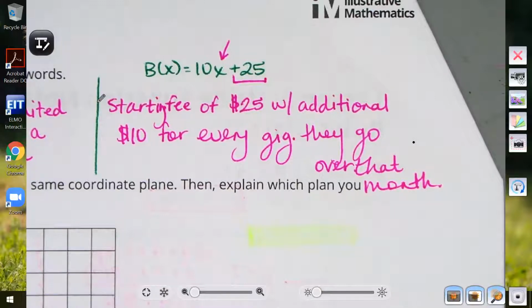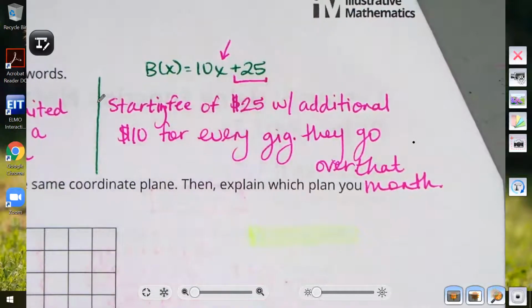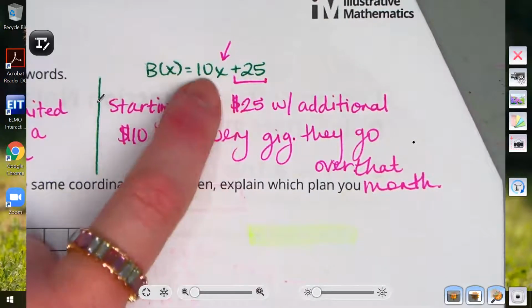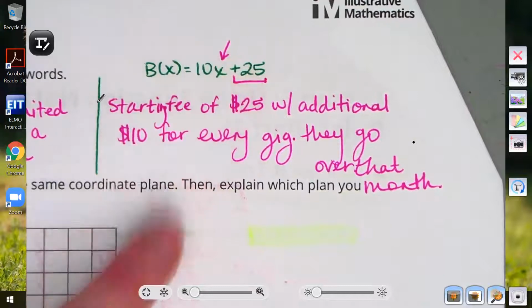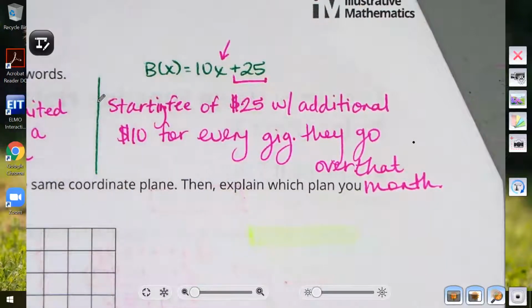All right, so when you're ever looking at an equation and you're trying to break it down, see what operations are happening, see what numbers are changing and which ones are not changing. Okay, so that number that's not changing is that set fee. And then the number that's being multiplied by the input is what's being added to it if something is happening.